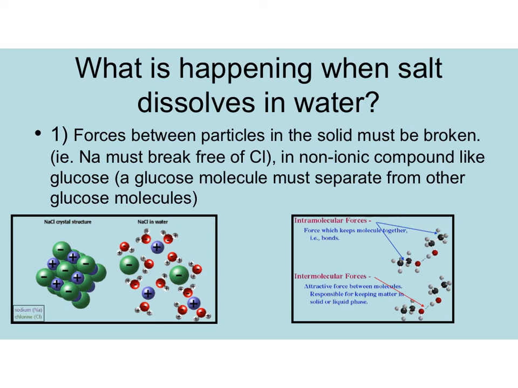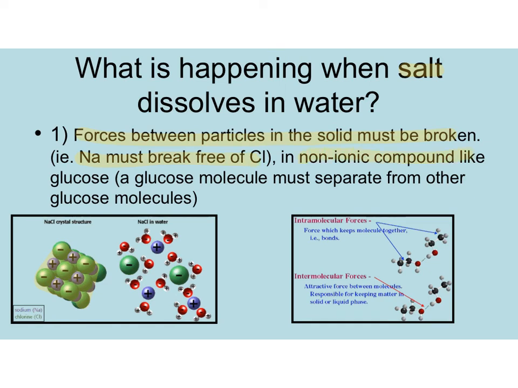Okay, so what is happening when salt dissolves in water? Salt would be the solute and water would be the solvent. What is actually happening is the forces between the particles in the solid, these forces holding the sodium and the chlorine together, have to be broken. You have to break all those ionic forces, so sodium must break free of chlorine.